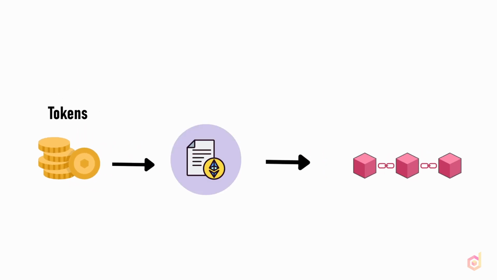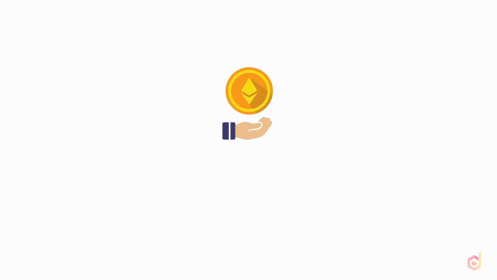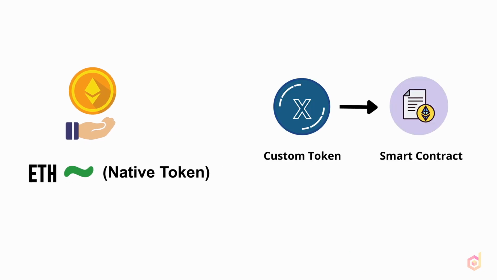Instead, their behavior comes about by implementations in smart contracts. These smart contracts tally the units of tokens transferred between accounts. You can call Ethereum's Ether the native token, whereas if you launch your token using a smart contract on Ethereum, it will still be called a token, but it will have its own identity according to the ERC standards.